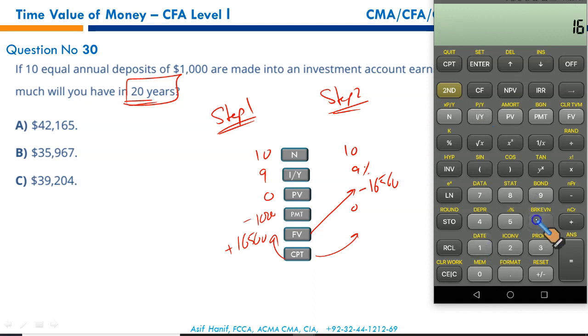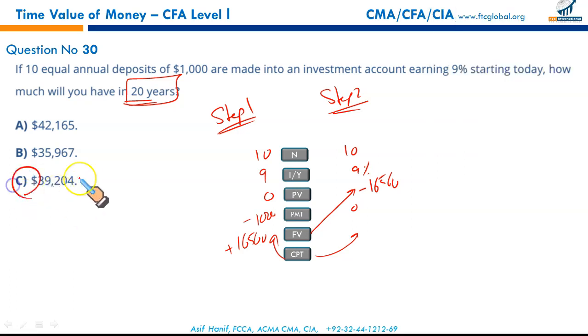Investment now is 16,560 negative, present value. Your payment is 0 now. Compute the future value: it is going to be approximately 39,204, precisely 39,203.54. So this will be the value of your investment at the end of the 20th year.